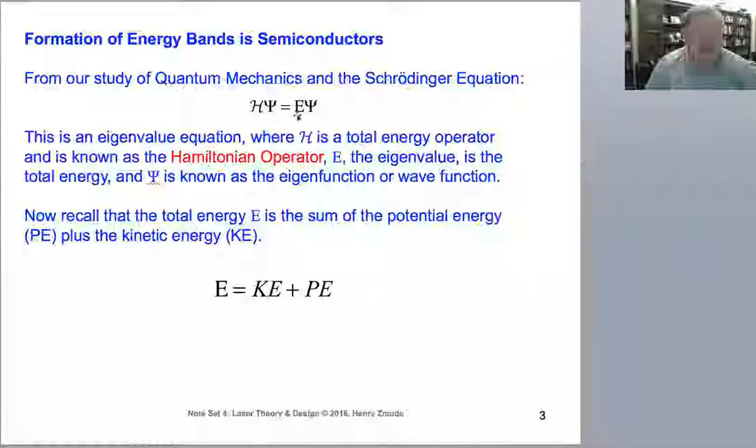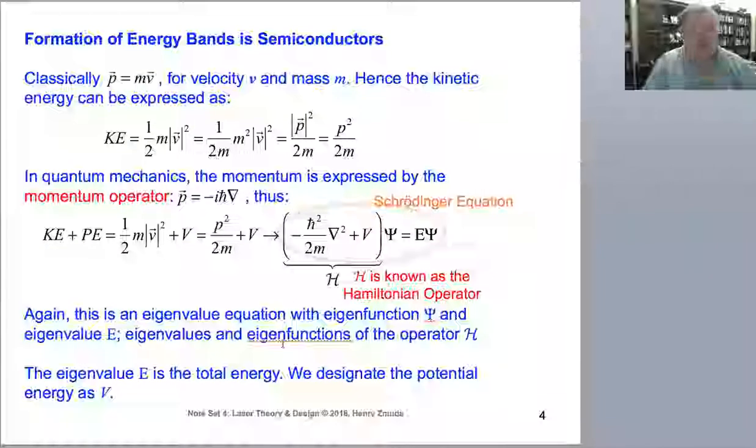And the energy E, the eigenvalue, is the total energy, the kinetic energy plus potential energy. Of course, the kinetic energy, we know if the momentum is m times v, the mass times the velocity, the kinetic energy is 1/2 mv squared, which multiply numerator and denominator by m, then we could write the kinetic energy as p squared over 2m.